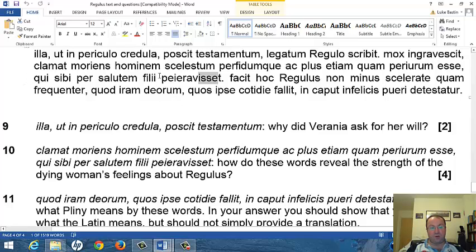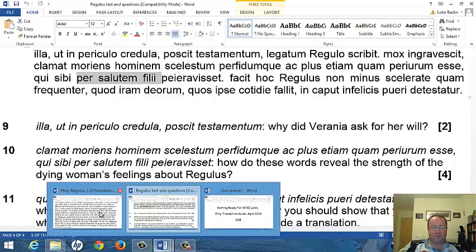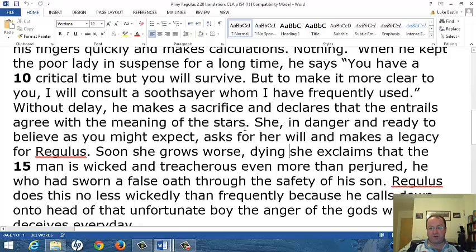So who had perjured himself through the safety of his son. Again, if we go back to the English, just to help you understand what's going on here. He who had sworn a false oath. Well, perjury is when you swear a false oath, so that's kind of the same thing. Who had sworn a false oath through the safety of his son.